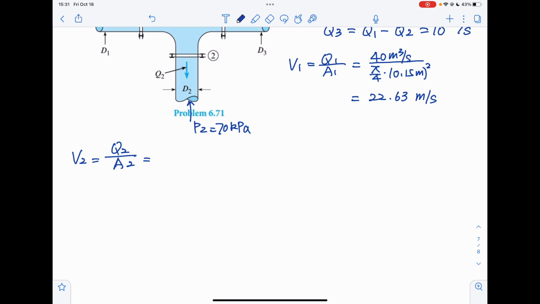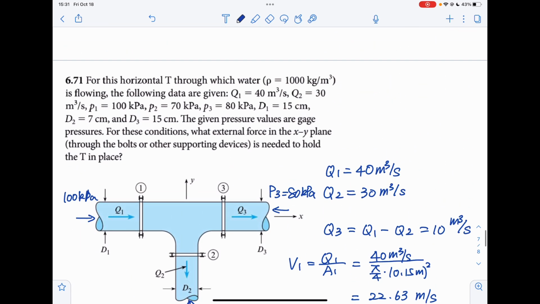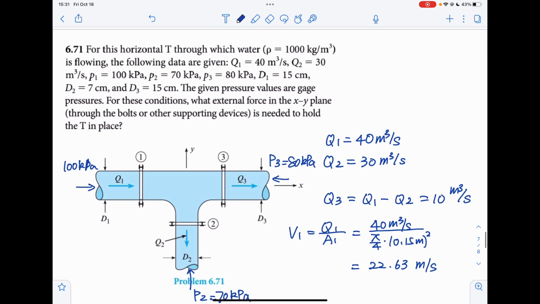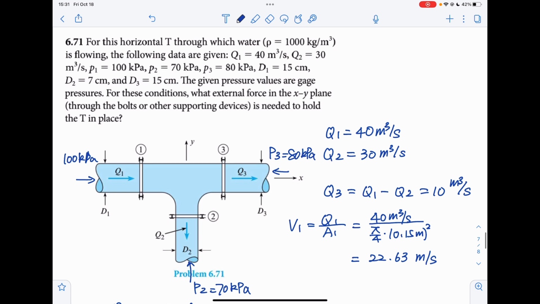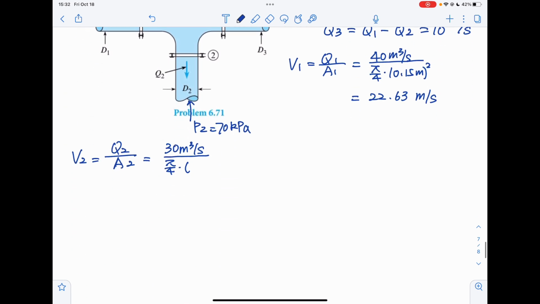Q2 is 30 cubic meter per second, divided by pi over 4 times the diameter here, which is 0.07.